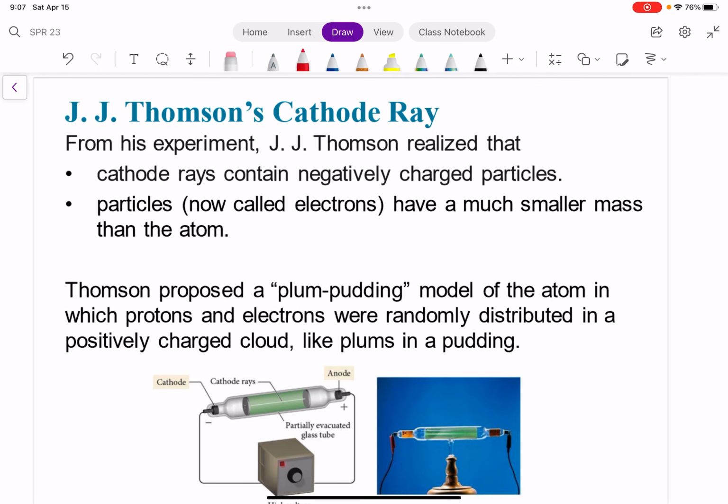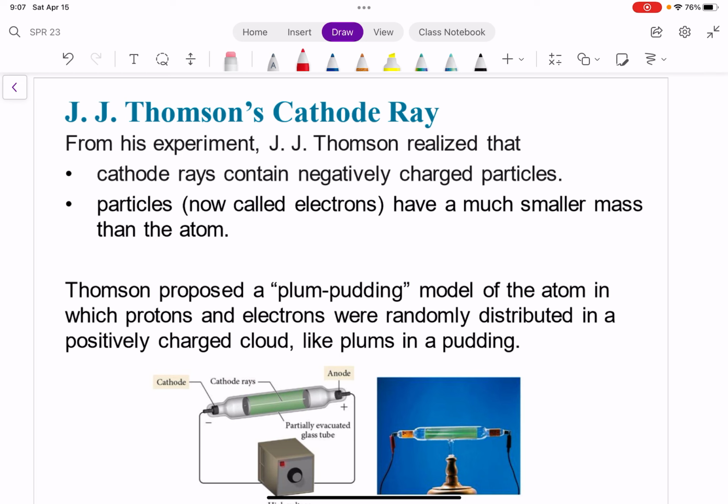All right, so jumping back to the history of understanding more about the atom, J.J. Thomson was another scientist. He was an English physicist, and he conducted this experiment that we refer to as the cathode ray experiment.